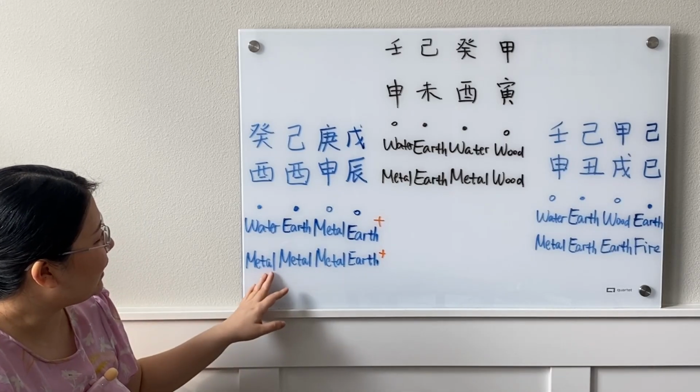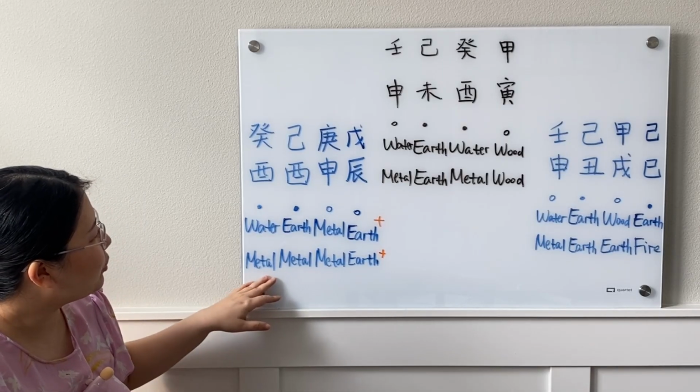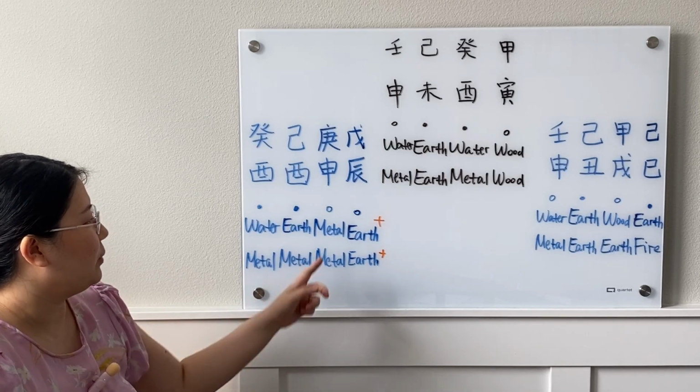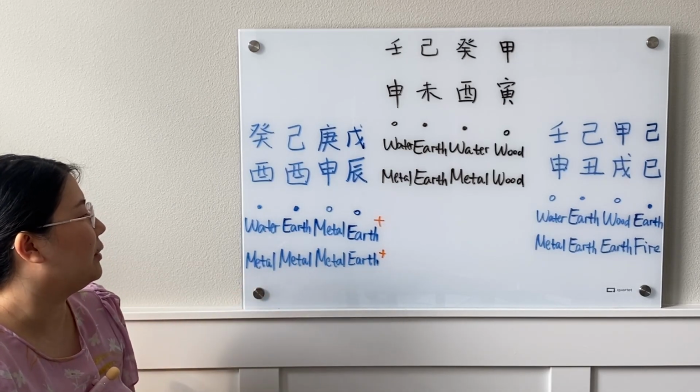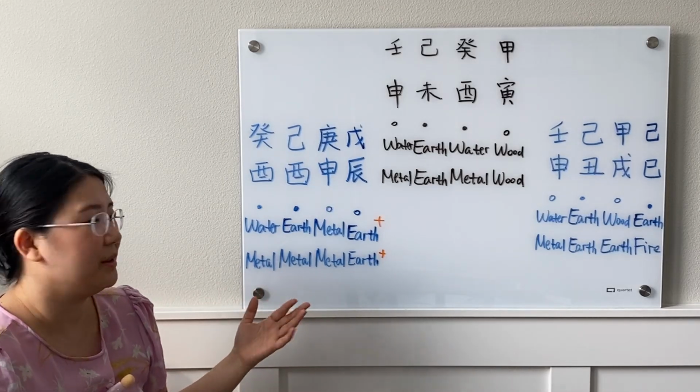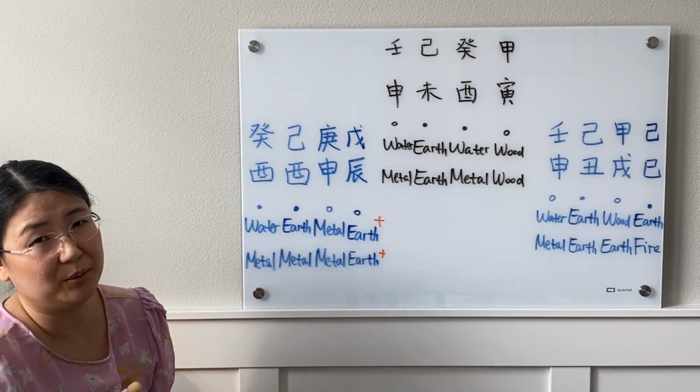Again, the main problem I've seen for this example is way too much metal. So you really don't want to see another metal element being introduced, as you'll just make this problem even worse.